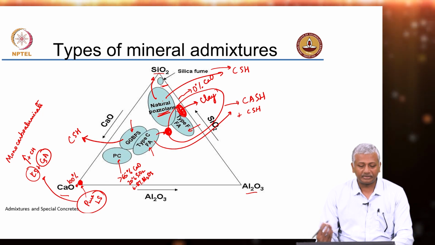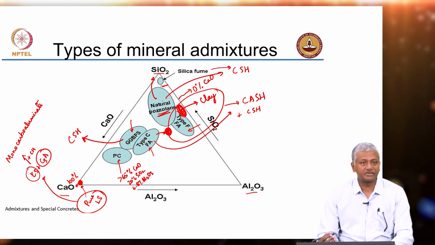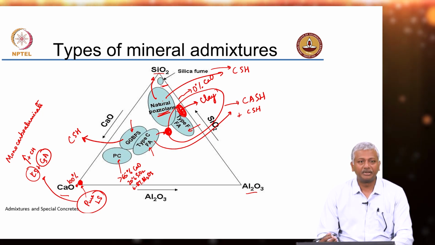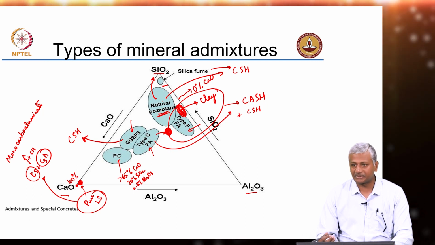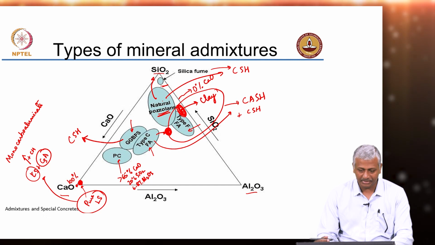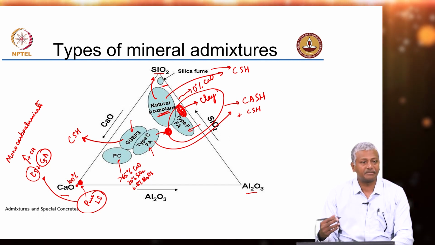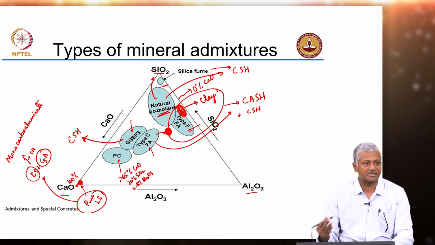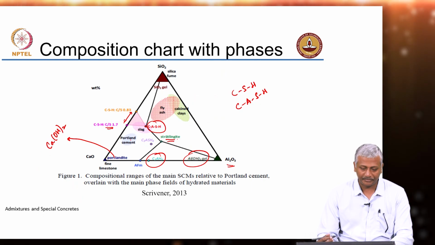Now, in terms of compositions, we looked at various different representations, primarily this ternary diagram between calcium, silica and alumina, and all compositions can be expressed as some mixture of these three oxides. And we saw that compared to cement, most of your mineral additives are rich in silica and some are rich in silica and alumina.